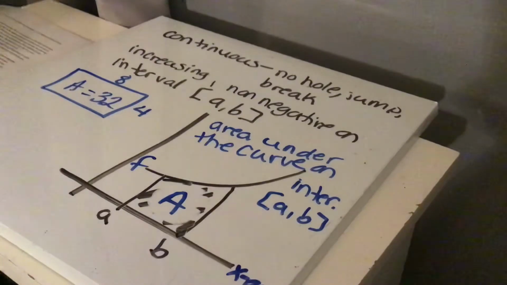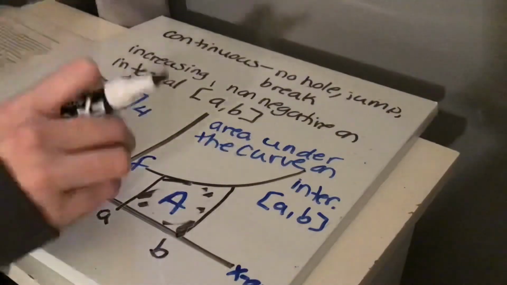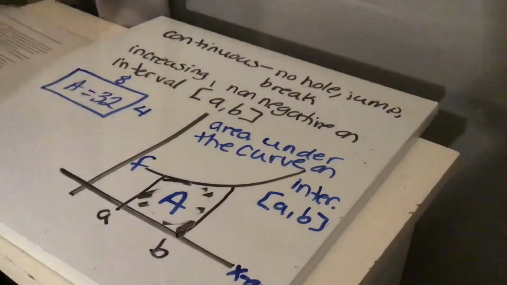Okay? So we start by saying, well, can we prove that such a number A exists, right? Can't define it if it doesn't exist. So if it exists, can we develop a way that allows us to find the exact or the precise value of A?